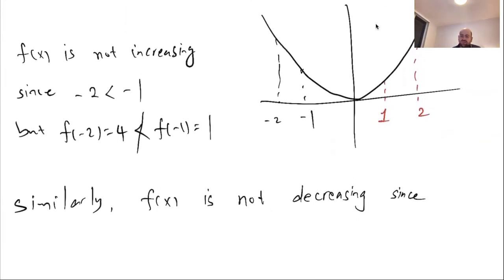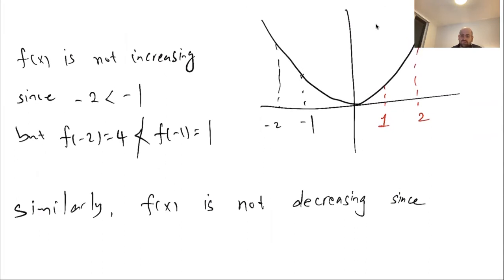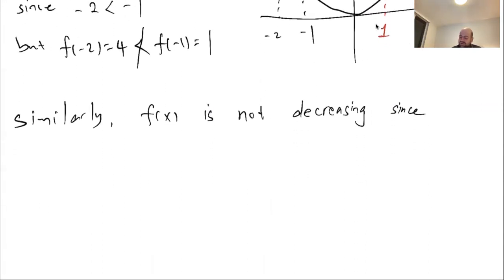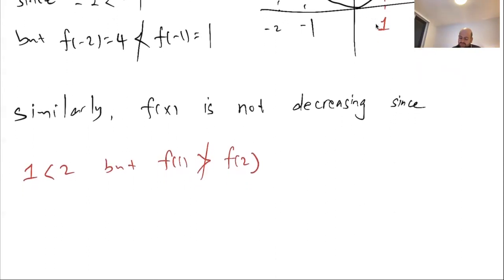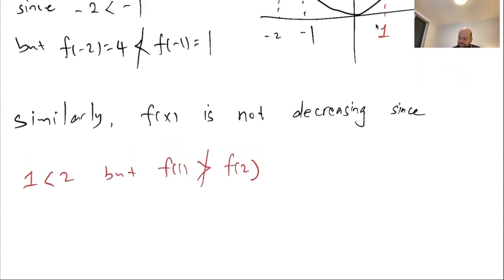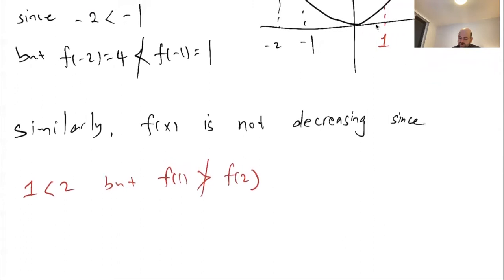But if it was decreasing, we would have f of 1 bigger than f of 2. But here it's not the case. Since 1 is less than 2, but f of 1, which is 1, is not bigger than f of 2, which is 4, the function is not decreasing.